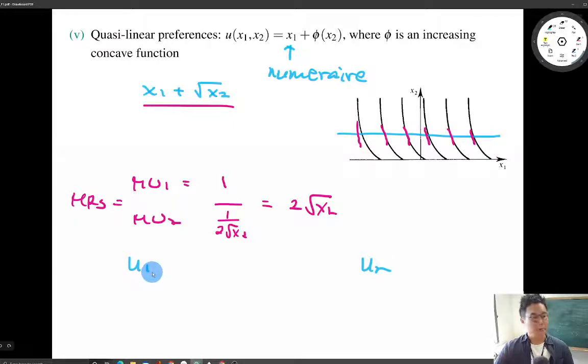During this transmission there is no loss in utility, so it describes transferable utility.